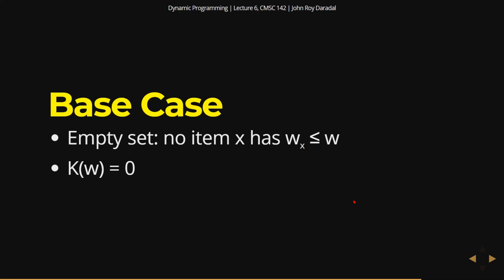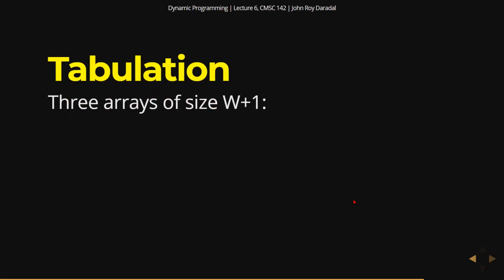If the capacity is 0, then no item can have a weight less than or equal to 0, so nothing would fit in the knapsack. Of course, the optimal value would be 0 as well, because there's nothing to put inside. So that would be the base case.